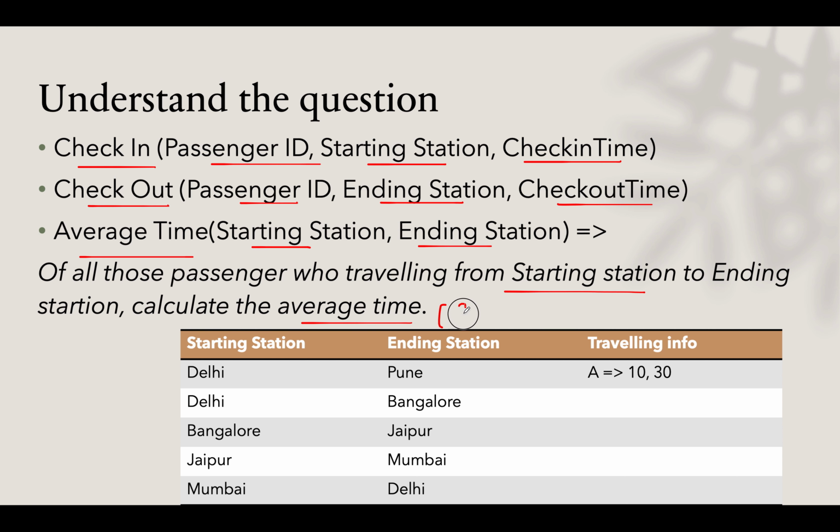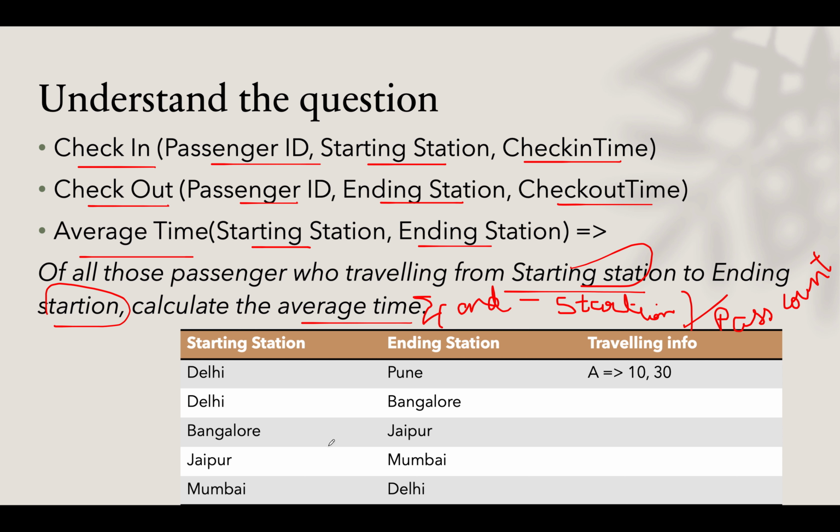So ending time minus starting time, if we have that information for all those passengers who entered from the starting station and went till the ending station, we take the average for all those passengers: divided by passenger count.